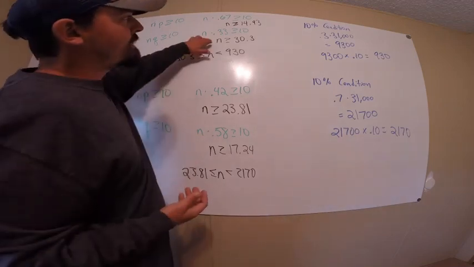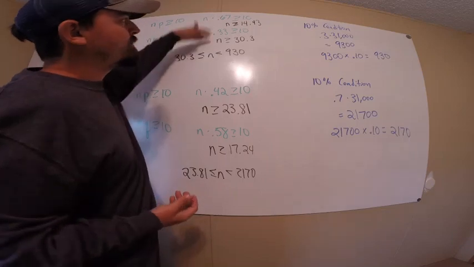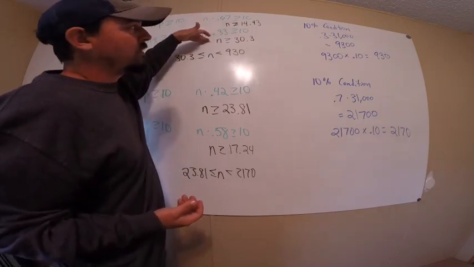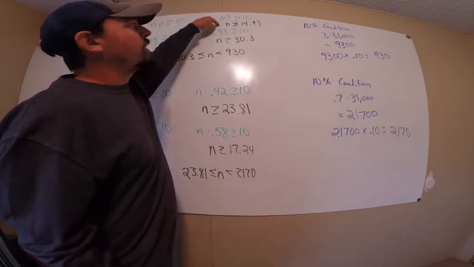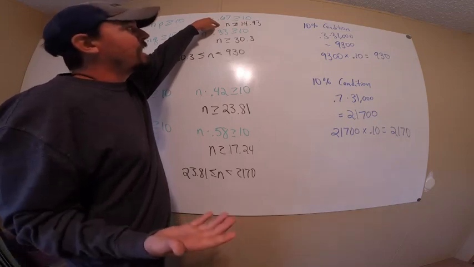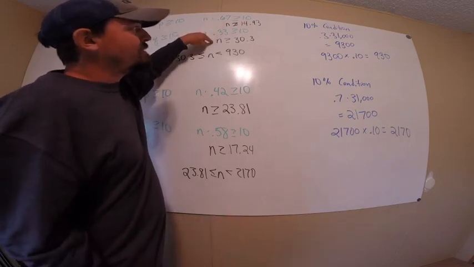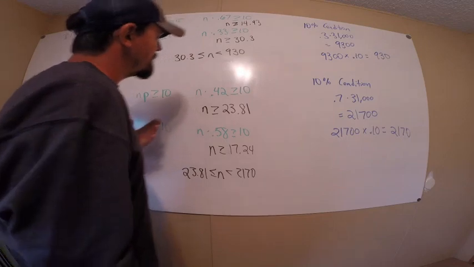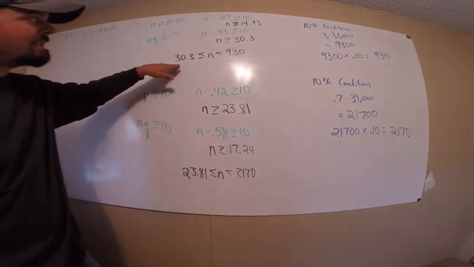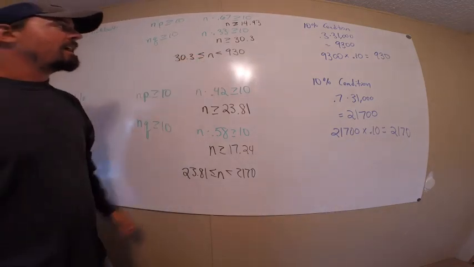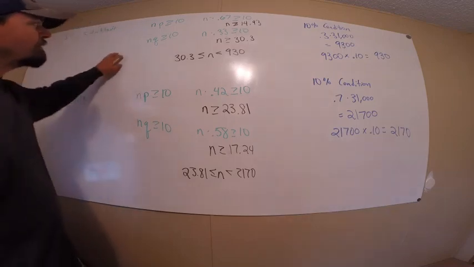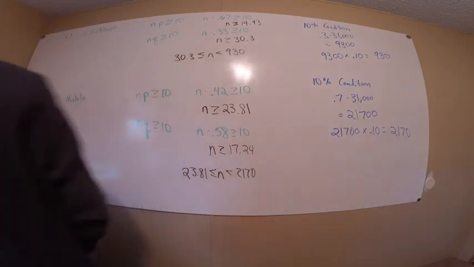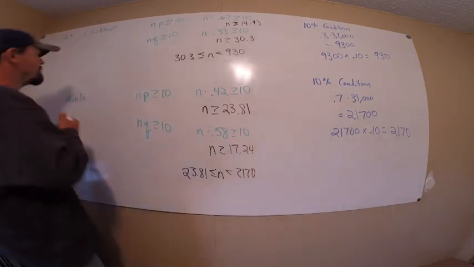The reason I picked 30.3 is both of these have to hold. This one's not going to hold at 14.93 because n has to be greater than or equal to 30. So I have to choose the bigger one here. As long as n is between 30.3 and 930, we're okay and we can say yes indeed it is normally distributed.